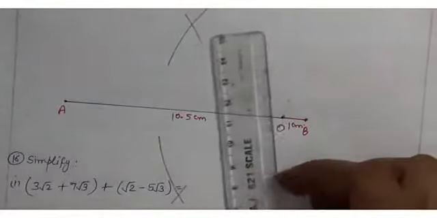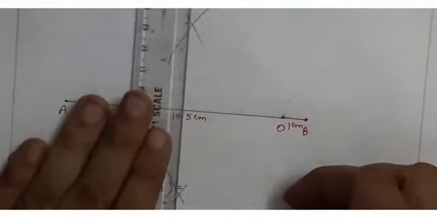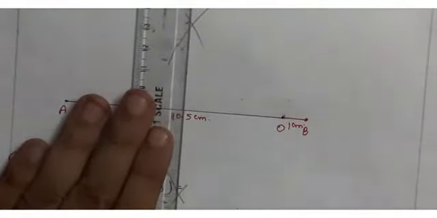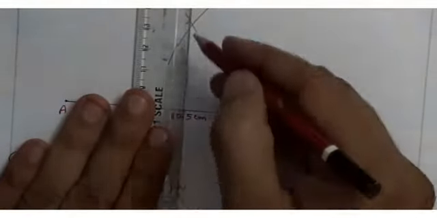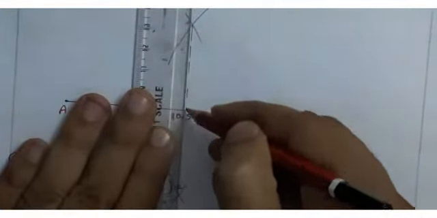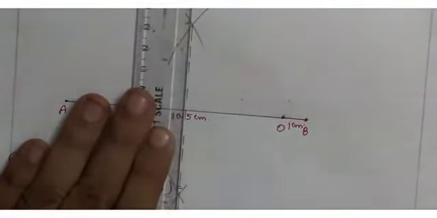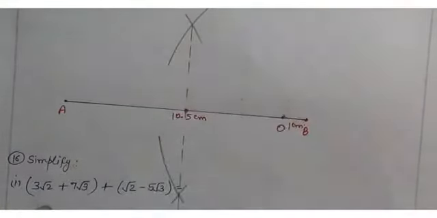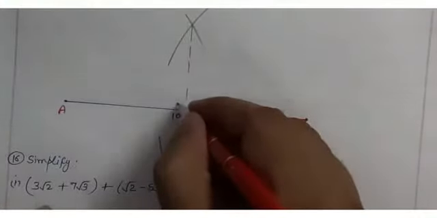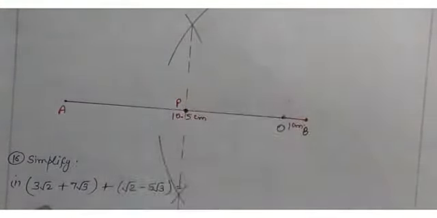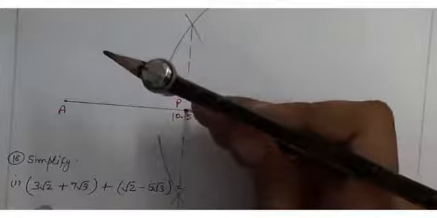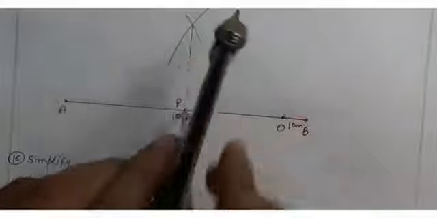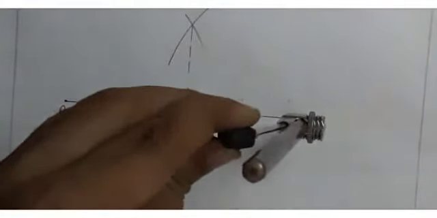Then draw a line and try to get the middle point of this. You will get this point P. Take P as a center and draw one semicircle which passes through points A and B. This A, now check, and B. Yes, it is okay.